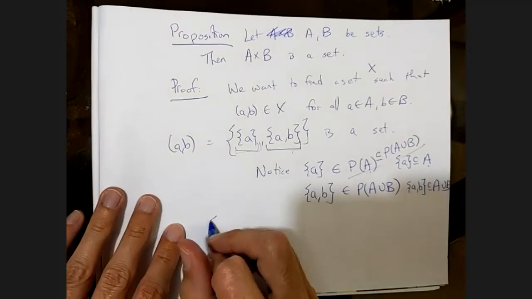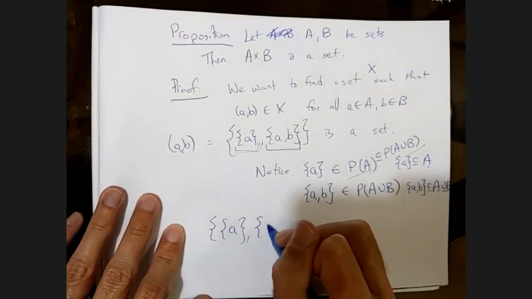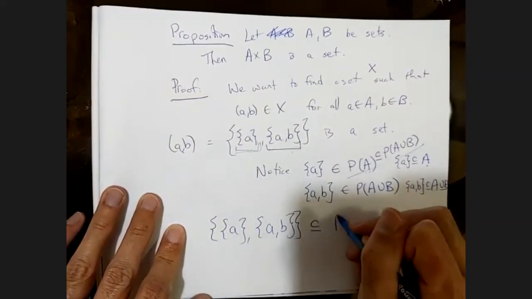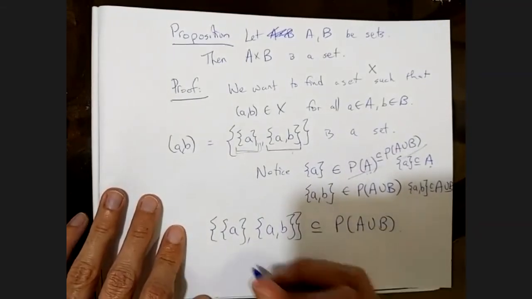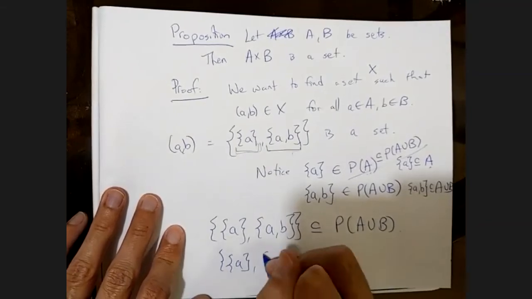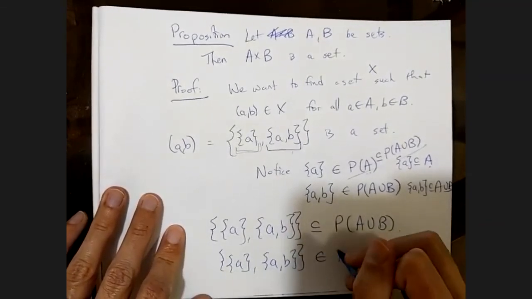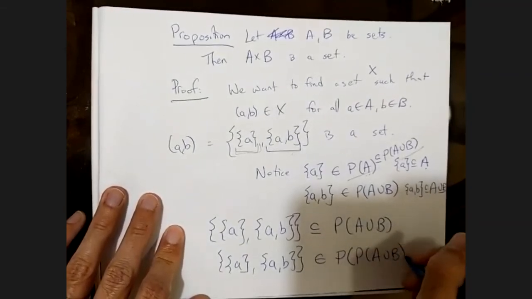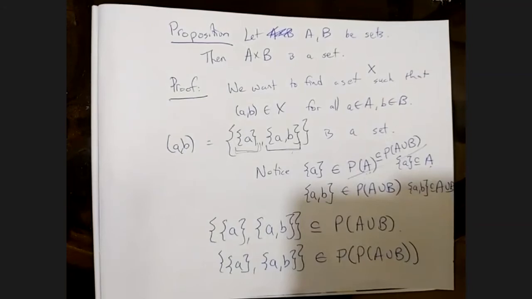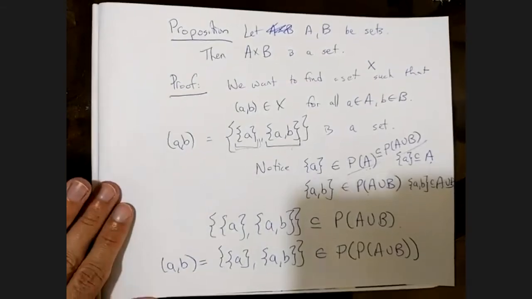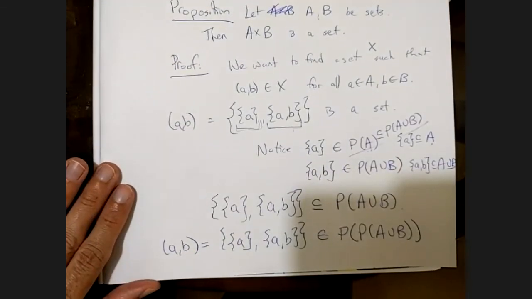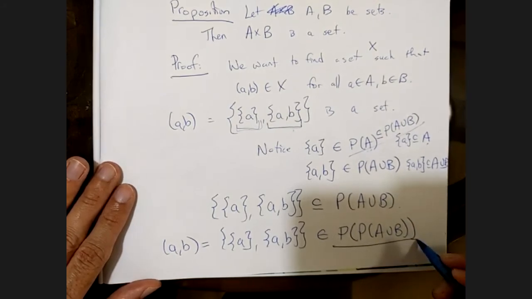So now, what can we say about the set with two elements? This is a subset of the power set of A union B. Those subsets correspond to elements of a power set, so that means that it is an element of the power set of the power set of A union B. So we take our set X to be this.